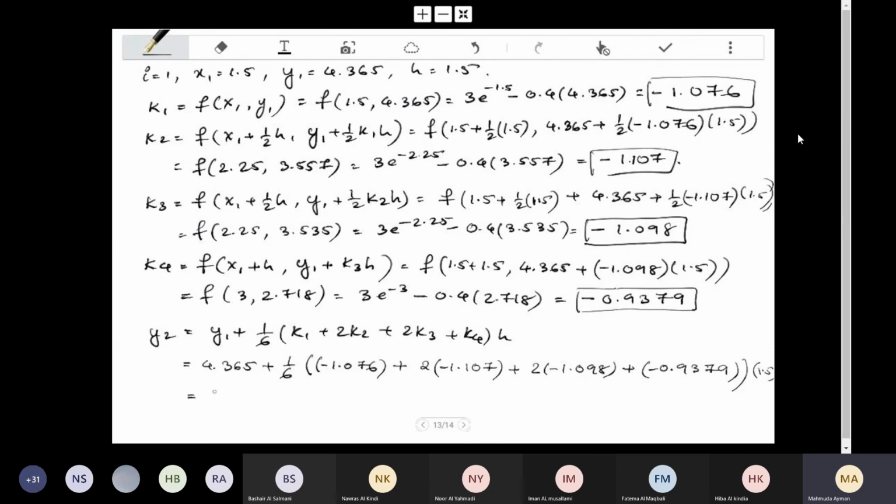So that gives us the value as 2.759. That's the value for Y2.